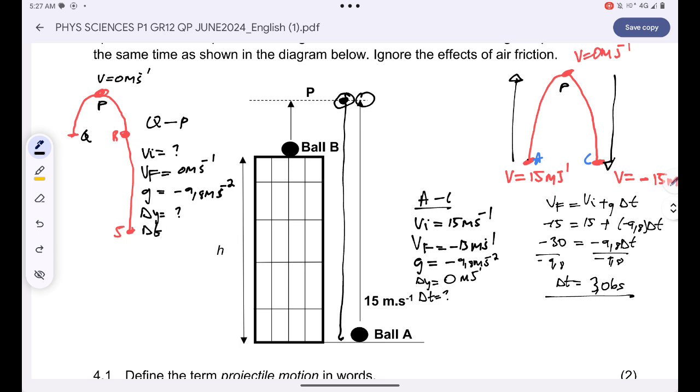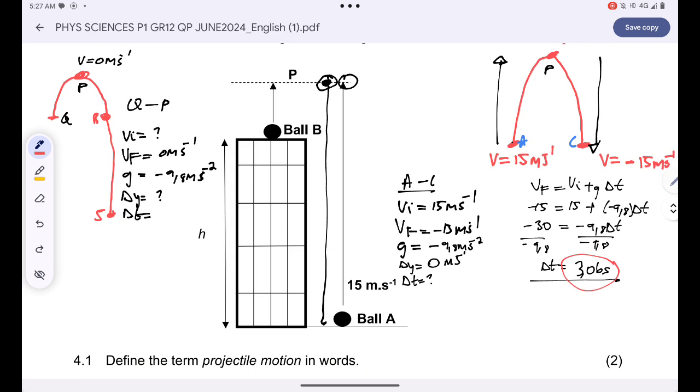And then now the time. Remember, I said this is the time it takes for the entire motion. But I know that half of the time was spent when the ball was approaching maximum height, and the other half will be spent when the ball returns to the ground.